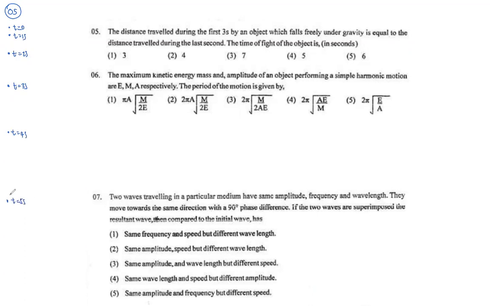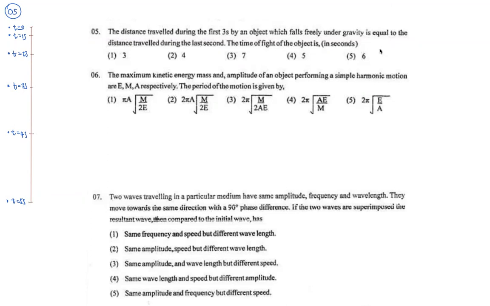Okay, so you must have done these things when we were doing motion under gravity. We know the distance traveled during each second can be marked this way. This is the first second, then the second second, the third second, the fourth second, the fifth second. This is 5 meters.